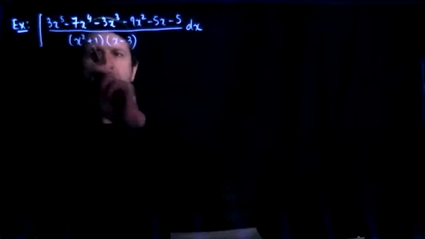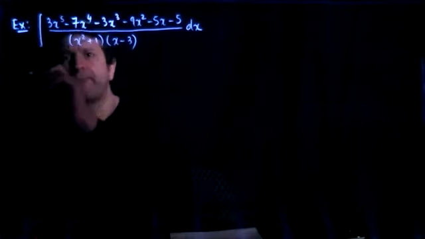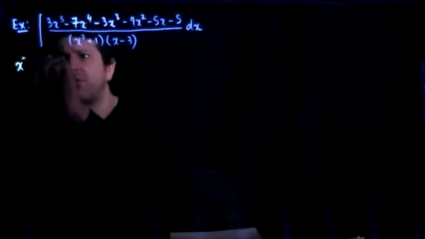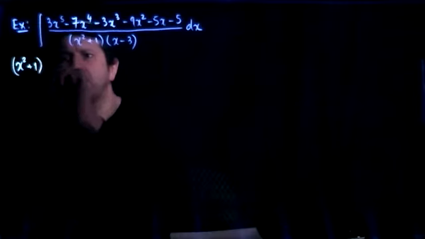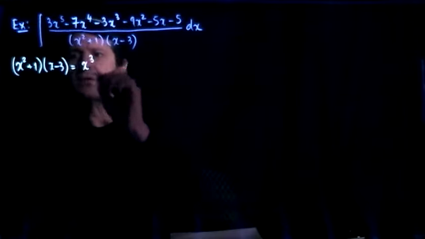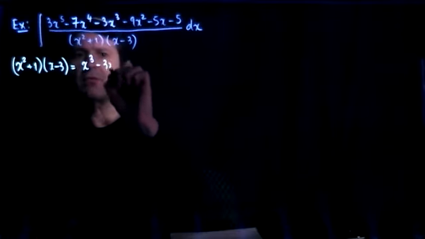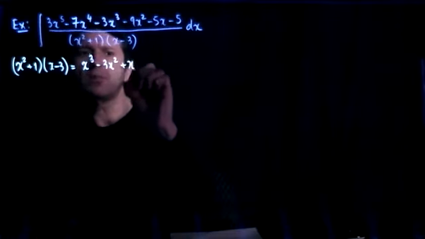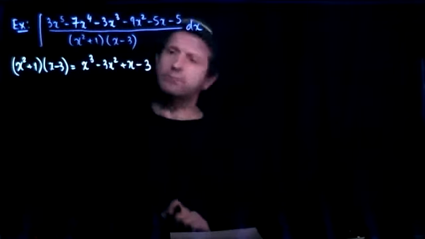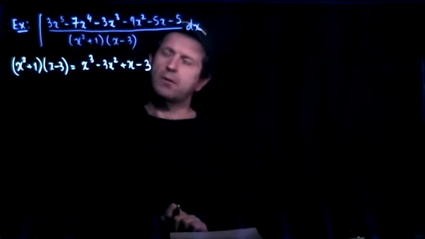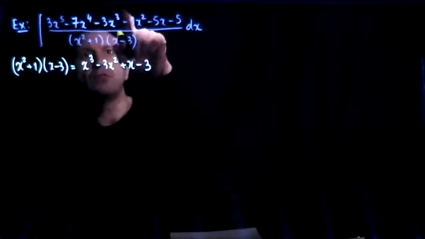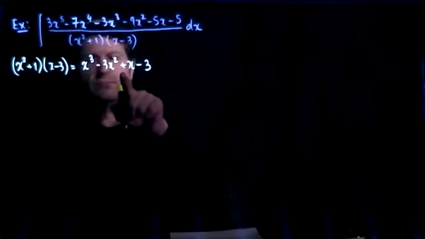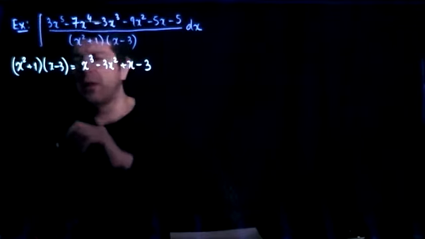So let's do the polynomial division. The denominator: if you open everything up, (x^2 + 1)(x - 3) is equal to x^3 - 3x^2 + x - 3. At this point, we have to divide the numerator by this polynomial. There are a few ways to do it.